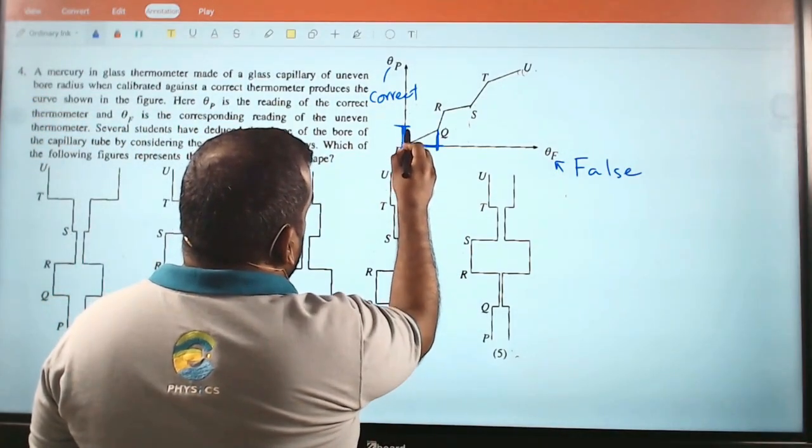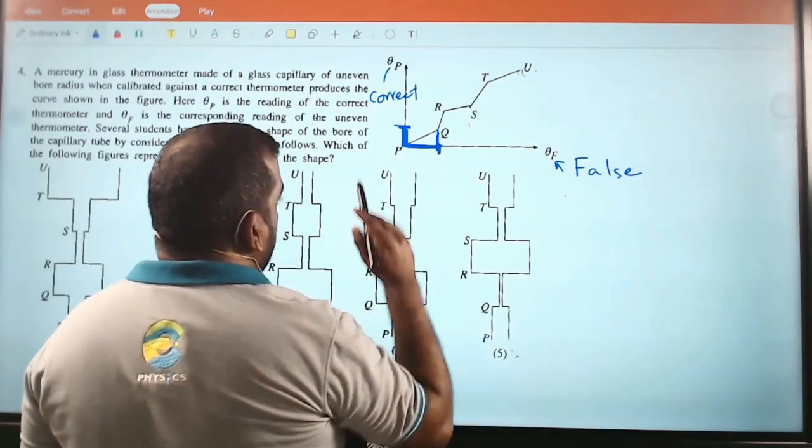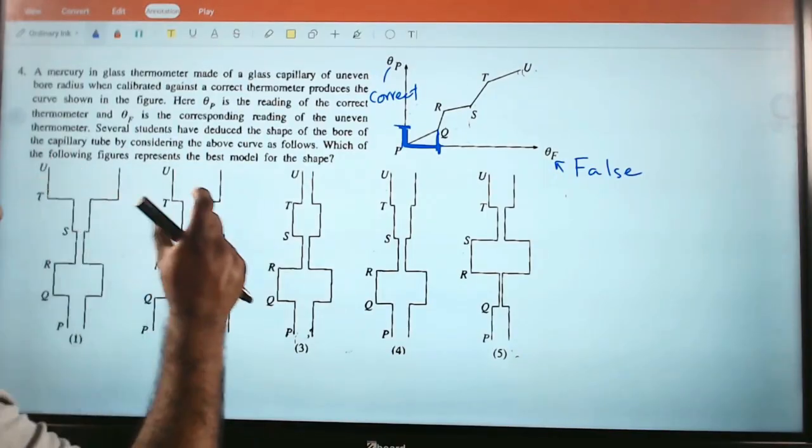A temperature increase here is represented by a larger increase there. What can you say? Larger temperature increase means larger expansion taking place. This means the bore area is small.